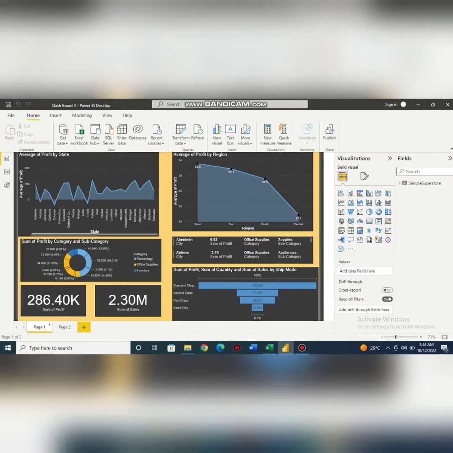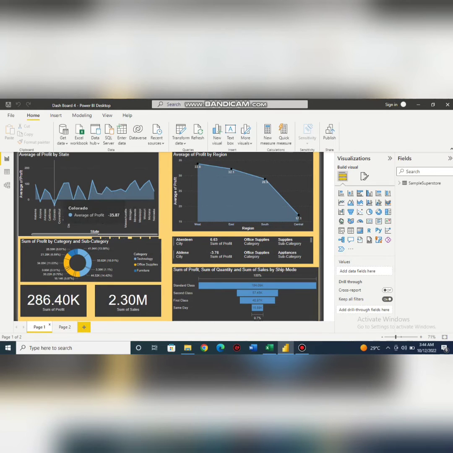See, this is my visualization. First, I have visualized the profit by state. This visualization will show you different states have different profit, such as Indiana has 123.3 average profit.